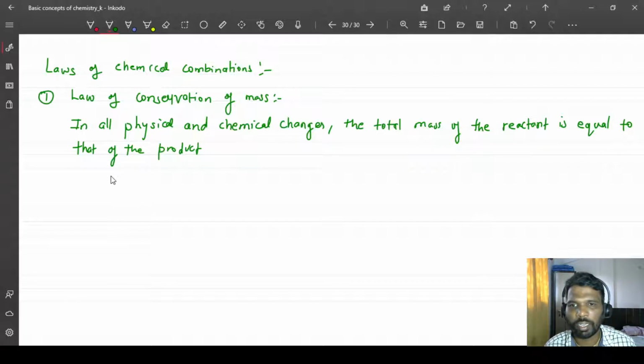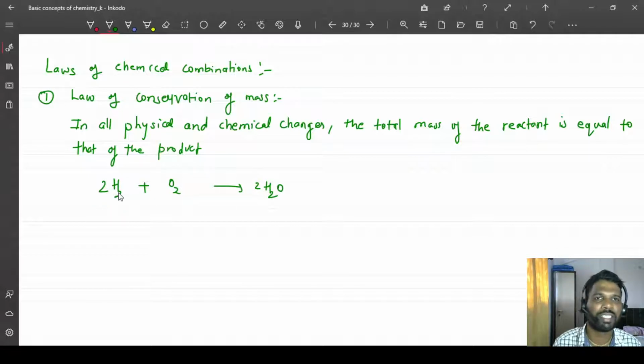If I say that there is a reaction between hydrogen and oxygen, and the product formed is water. Okay, this is a simple reaction I am taking, and if I balance this, then I will balance it in this way, right? So what is the mass? If I just consider the molar masses, how they are reacting in a balanced chemical equation, the molar masses will also be the same, right? Here there are four hydrogens, so 4 gram of hydrogen.